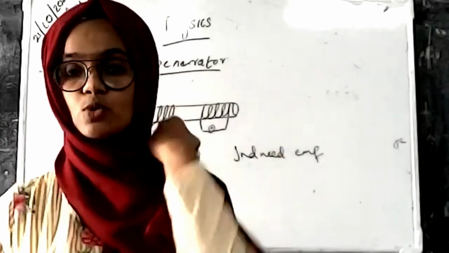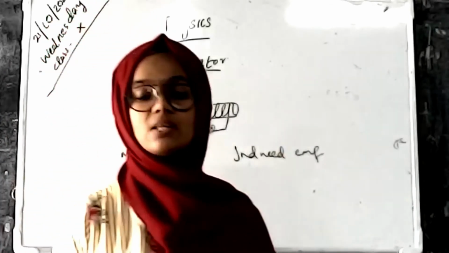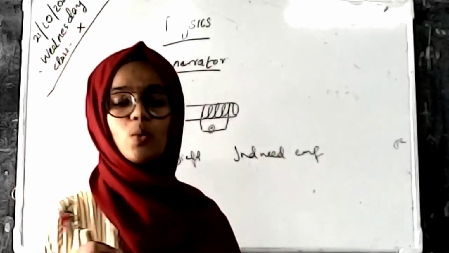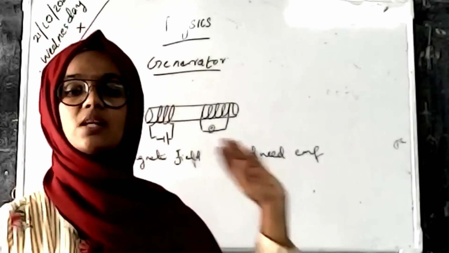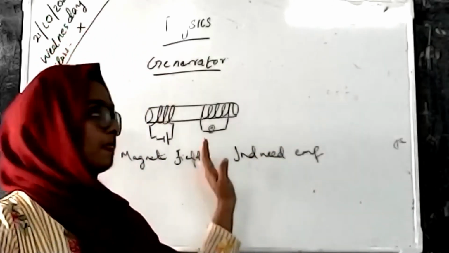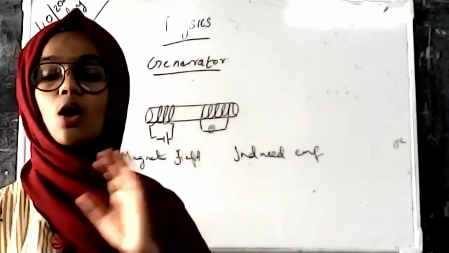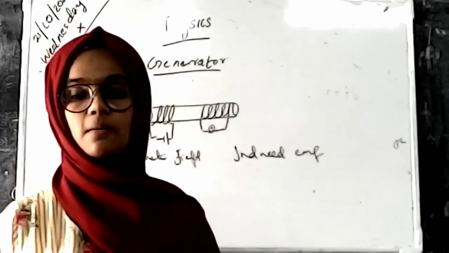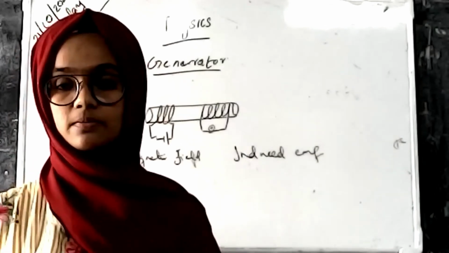This is mutual induction, and mutual induction is based on magnetic induction, which we already discussed in the previous class. Here there are two coils, and the second one works on the basis of the first. That is mutual induction. So I think all of you understand what mutual induction is.